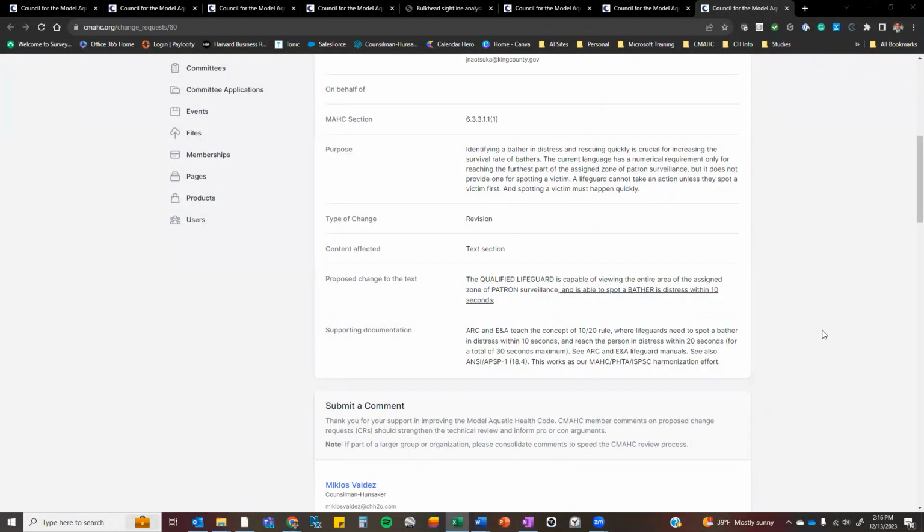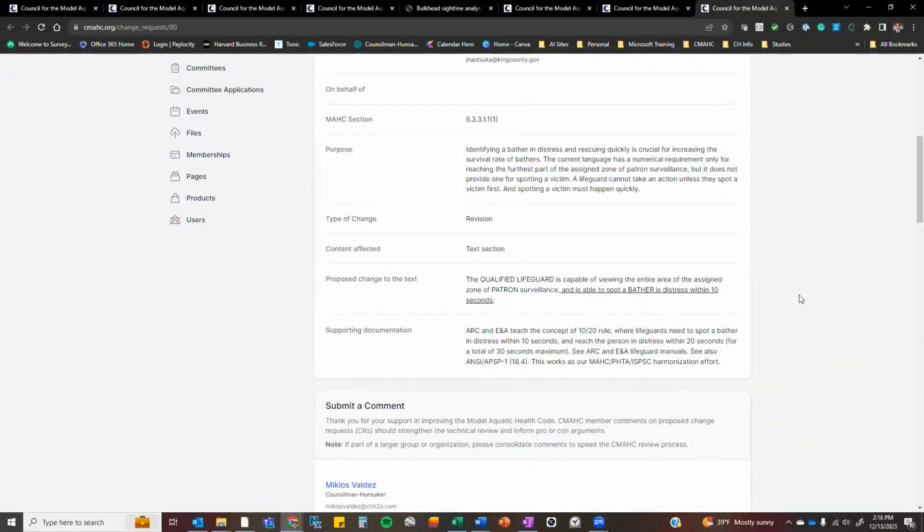So the gist of this is that the MAC currently speaks to the ability to get to someone who's in distress within a certain time frame, but does not address the need to be able to recognize in a timely manner to make that all work together.